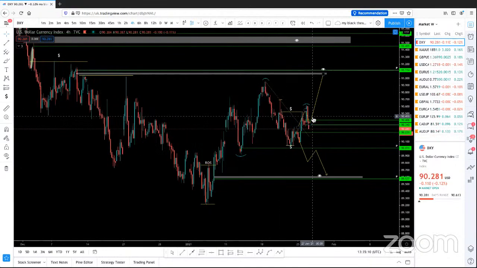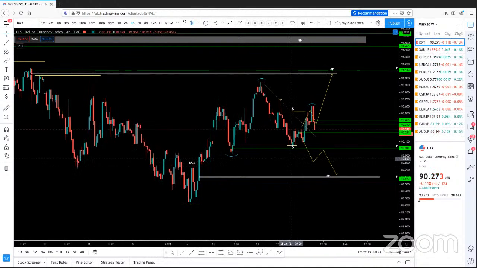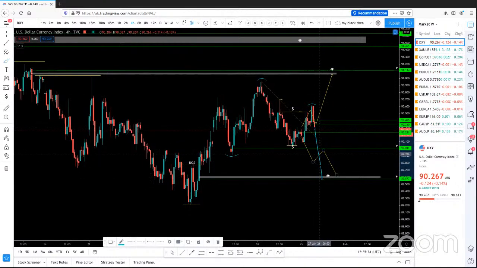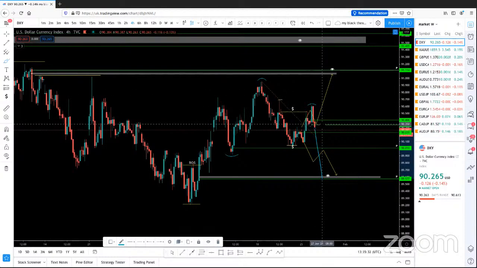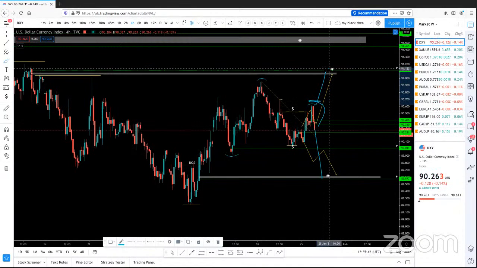Now it looks like it's going to run lower again. If the dollar index runs further lower, then possibly we could anticipate a bullish move on GBP USD and Euro USD. If the dollar index breaks this high, it gives us a signal to move higher towards the target set here.